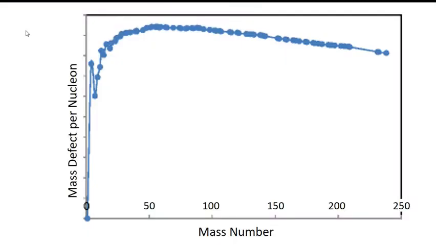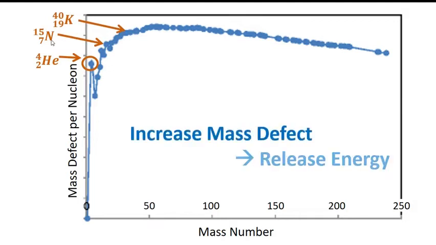This graph shows the mass defect per nucleon for isotopes listed by mass number. The examples we've talked about are here: helium-4, nitrogen-15, and potassium-40. Remember that as we look at reactions moving from point to point on this graph, increasing the mass defect means mass is turning into energy, and energy will be released.